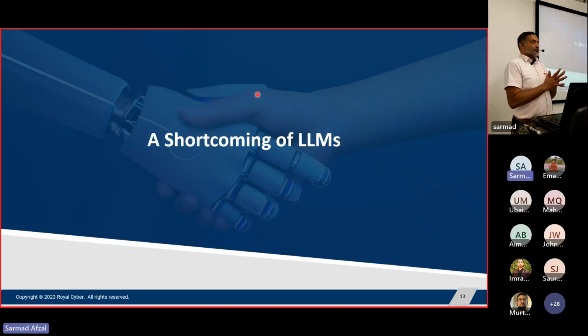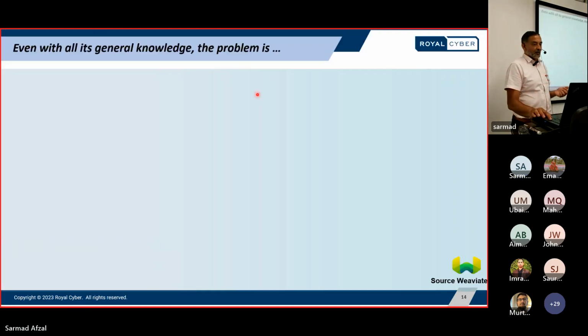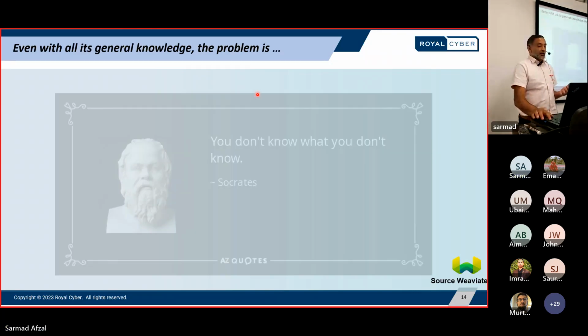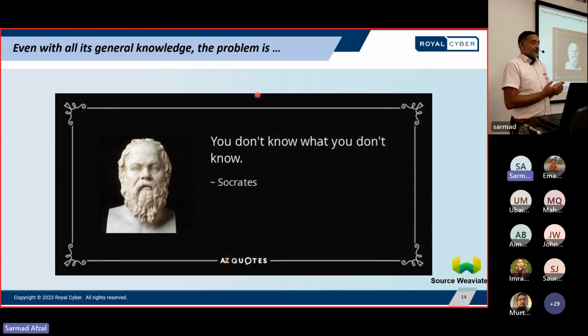So what are some of the shortcomings of LLMs? Does anybody know the shortcomings which large language models have? Even with all the knowledge it has, like Socrates said, you don't know what you don't know, right?